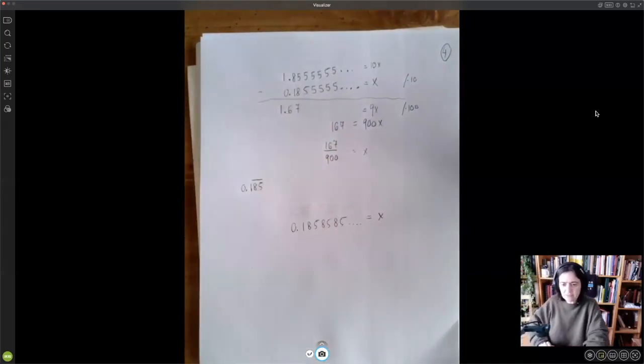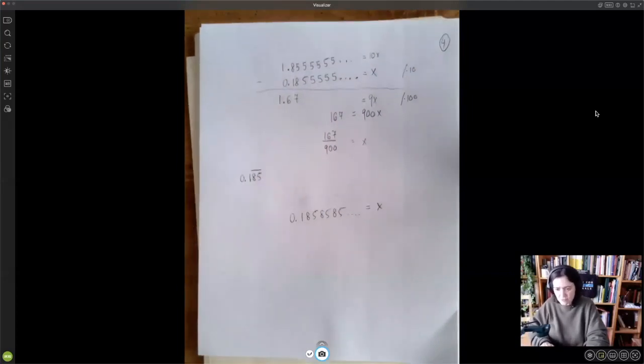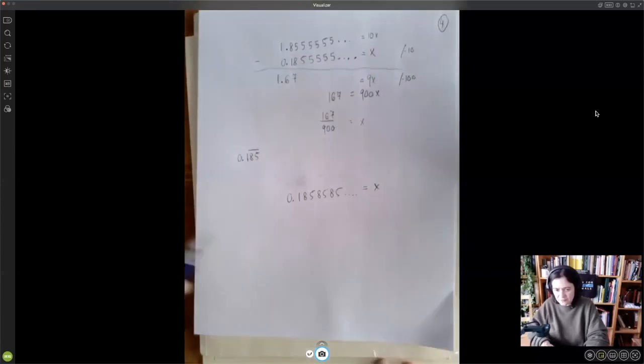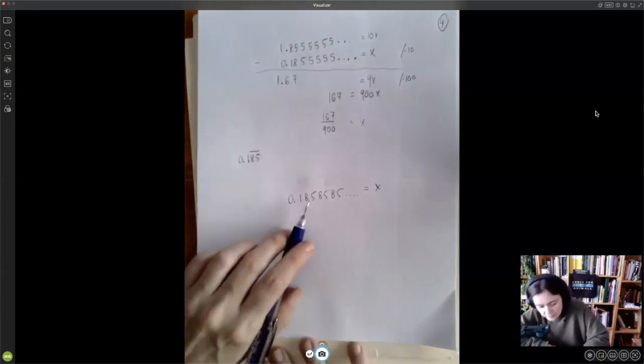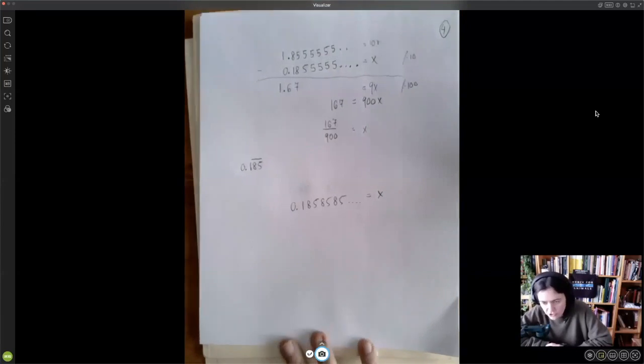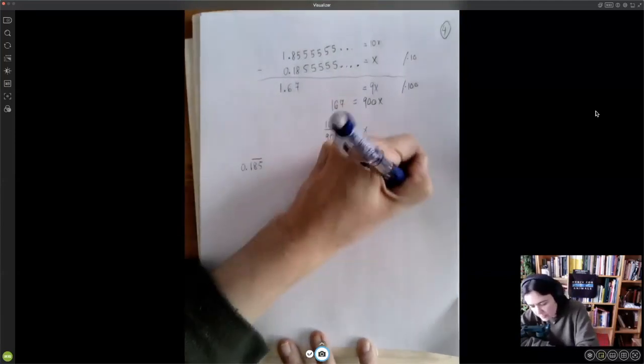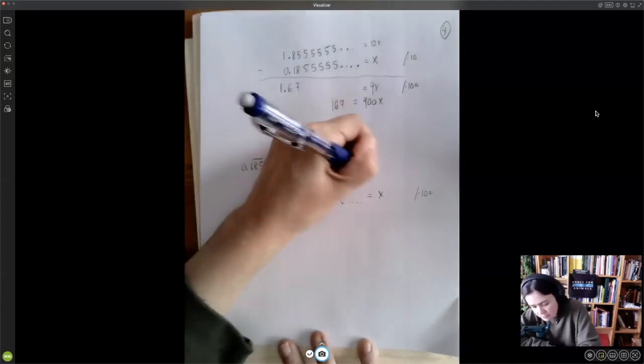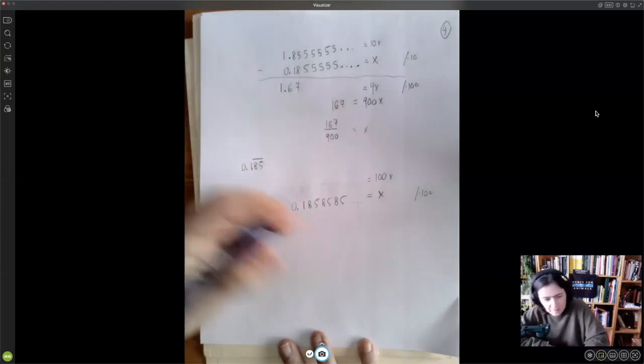Basically, you just have to look at how many digits long is the repeating block. That's how many zeros you need after the 1. So here, the repeating block is 2 digits long. So we're going to multiply both sides by 100. And if we do that, the beginning is always weird.